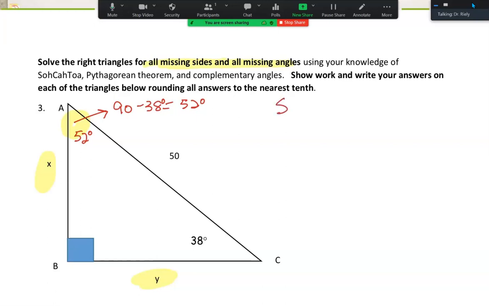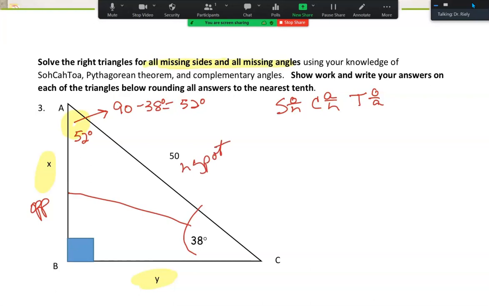So I'm going to write SOHCAHTOA right here, so we have it right in front of us. And I'm going to say from angle 38's perspective, this is the opposite, and this is the hypotenuse. Opposite over hypotenuse is going to be sine.